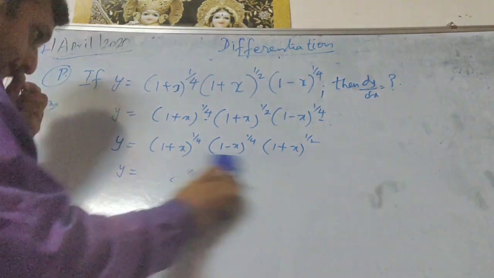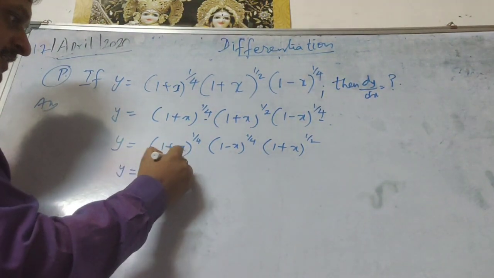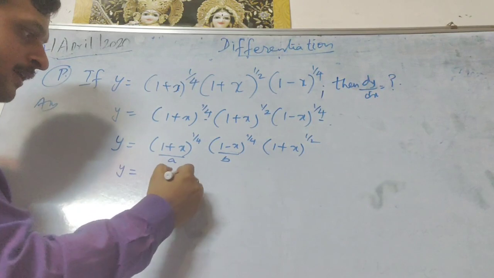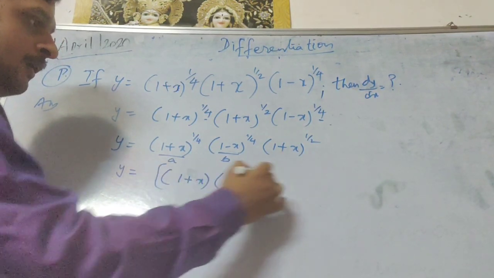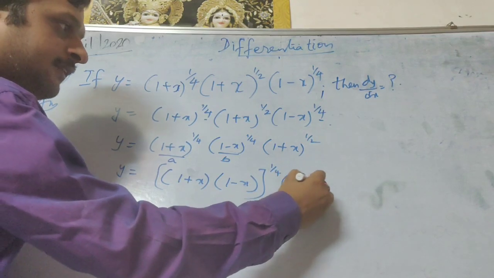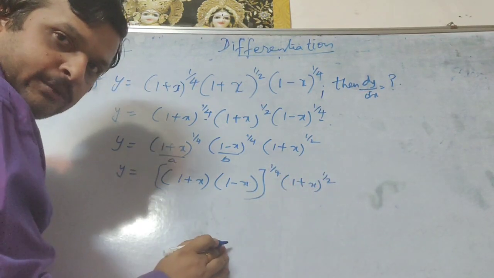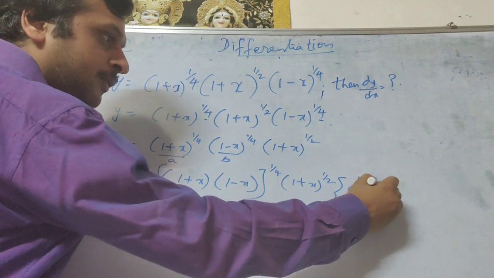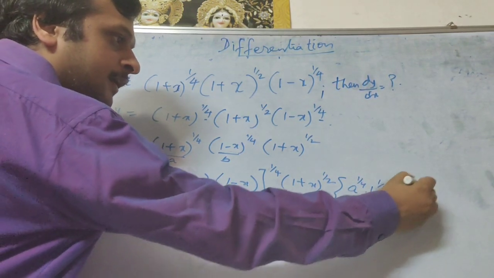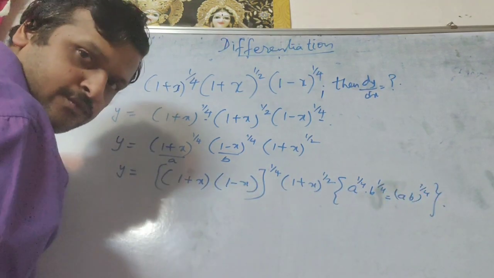That formula I'll be using here. Consider this as a, this as b. So that will be 1 plus x into 1 minus x power 1 by 4 into 1 plus x whole power 1 by 2.